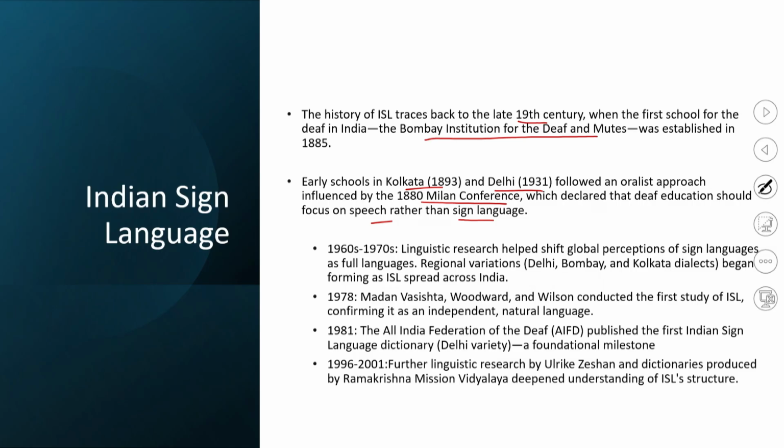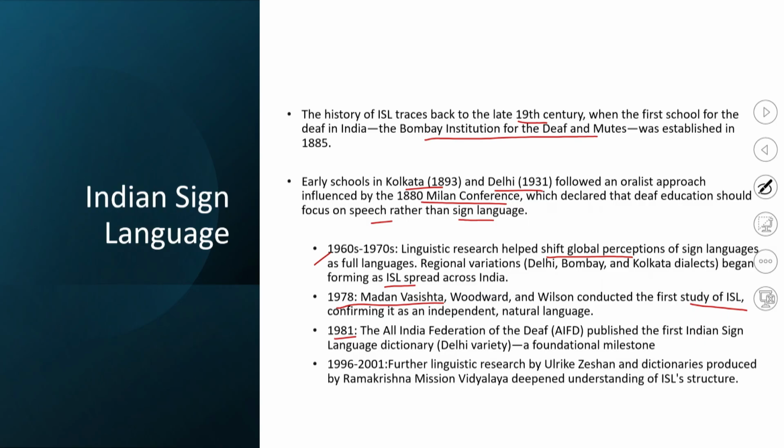But eventually things changed. In the 1960s to 70s, a lot of linguistic research went in and helped shift the global perception of sign language. So, regional variations began forming, and as ISL spread, in '78 Madan Vashishta, Woodward and Wilson conducted the first study of ISL, confirming it as an independent natural language.